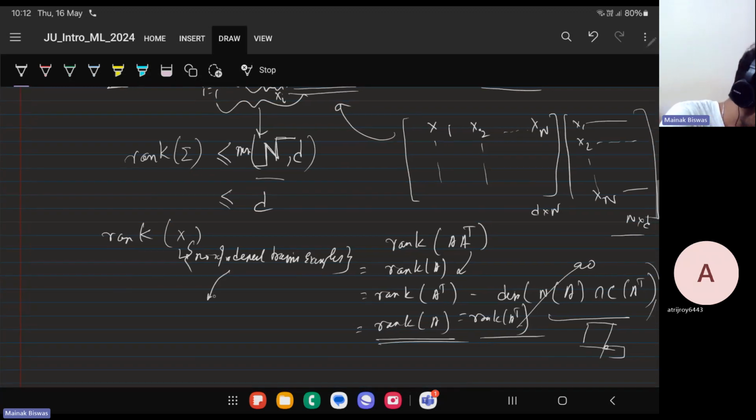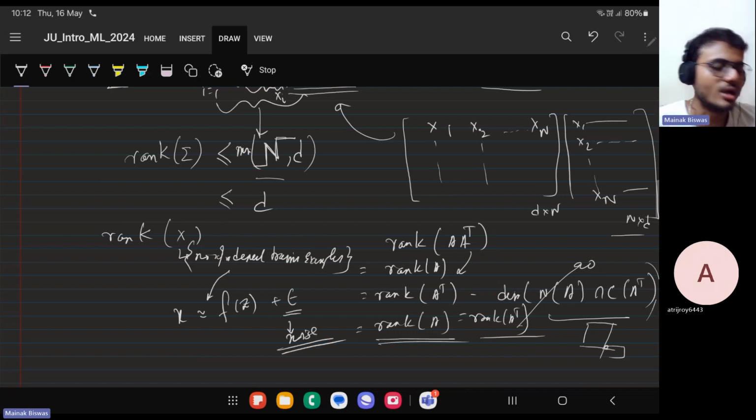Do we know that each x is some f of some latent dimension plus some noise? There is always some noise. And when there is noise, there cannot be dependent vectors if you have more vectors, because noise will always take it into other spaces. With no probability can you have dependent vectors just from noise, because those are specific cases out of an infinite number of cases, say normal 0, I. This is clear.